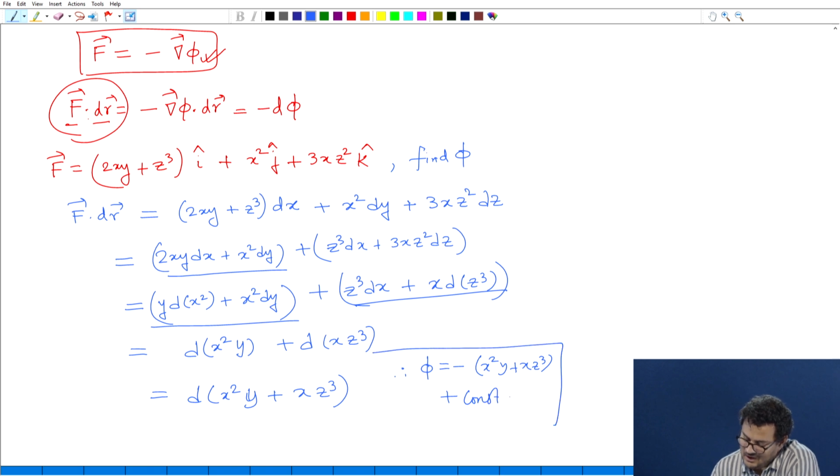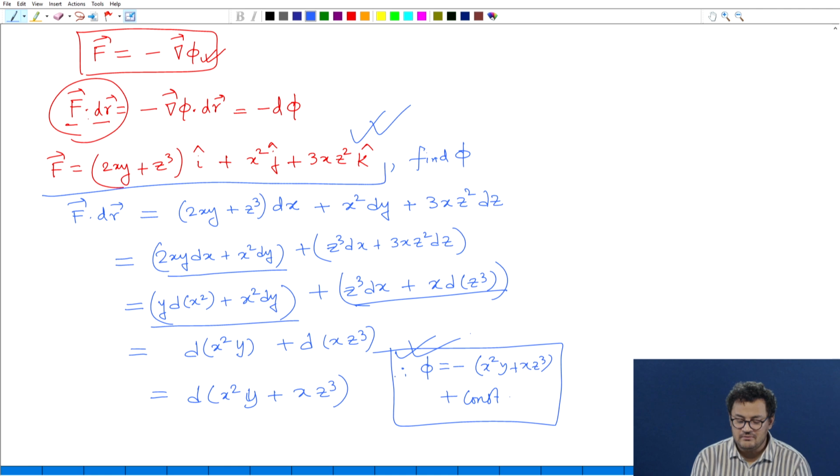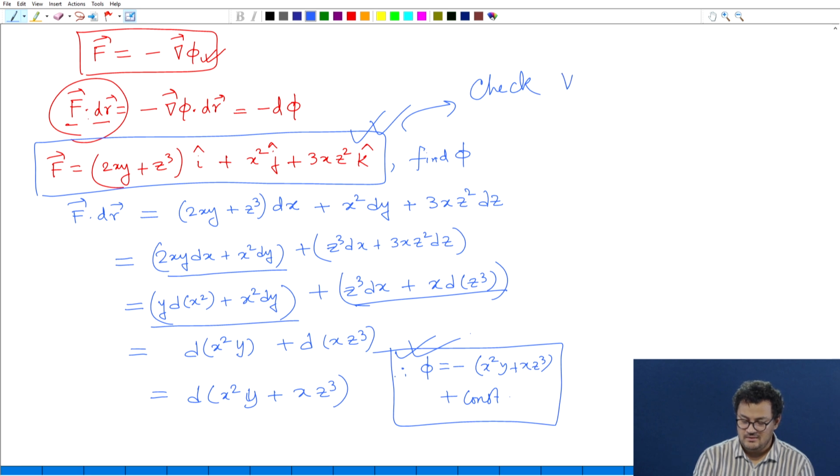Okay. Now, you start with this expression and take the gradient of it, and you will get the force. You can check another interesting thing: you can directly calculate the curl of this force field. That I leave up to you, check whether the curl of F is 0, a null vector, or not. Okay.